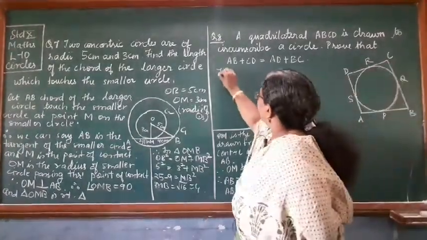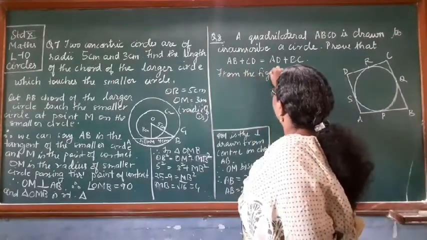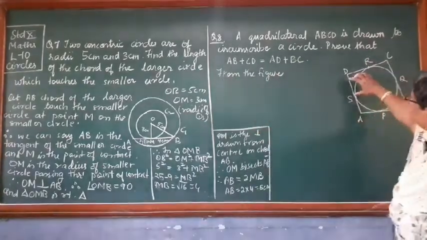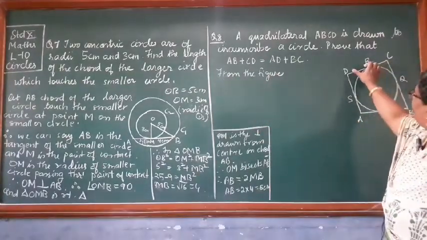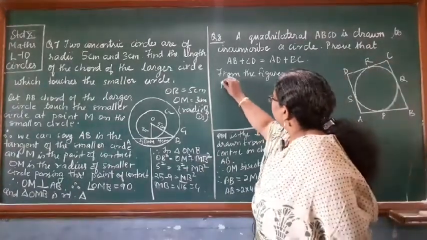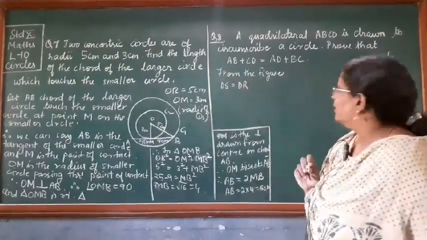So from the figure we can say that ये जो portion है, that is DS and DR are equal. So we can say that DS is equal to DR.